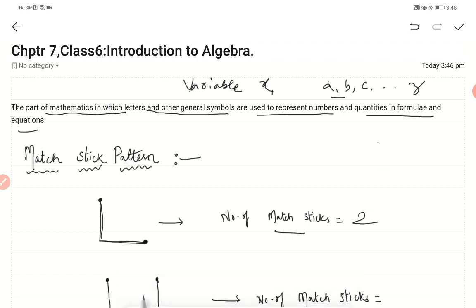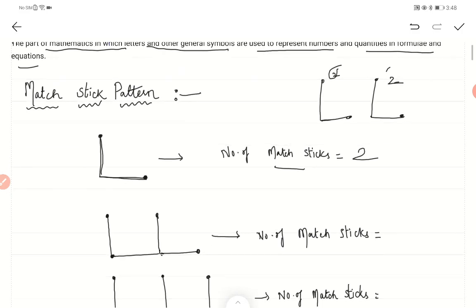Now if I want to make 2 L patterns side by side, one L uses 2 matchsticks, so for 2 Ls I will need 2 plus 2, which is 4 matchsticks.